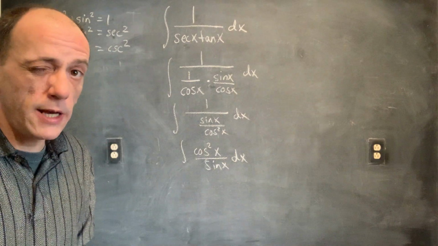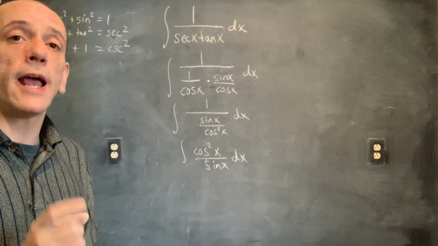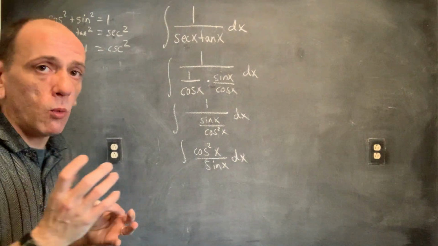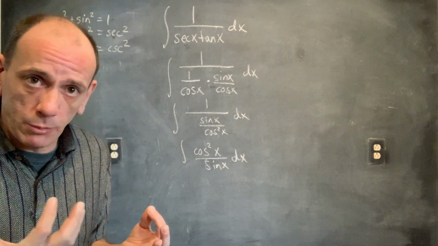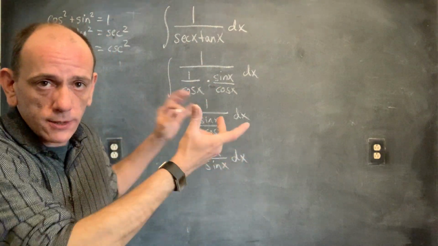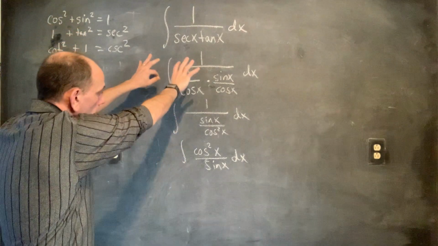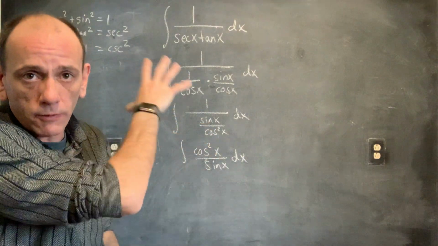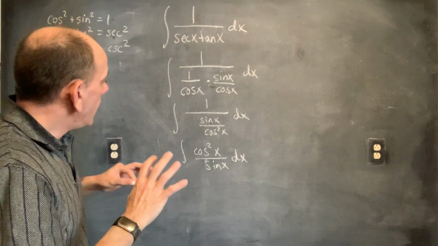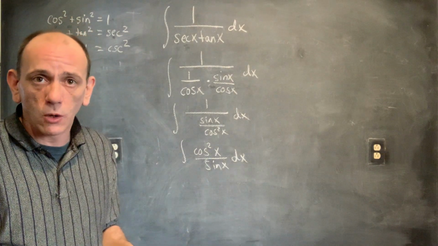Nice. Now, have I done anything good or not? Yes and no. In one sense, yes, I've made my life simpler. Instead of having to worry about reciprocals and tangents underneath and reciprocals of reciprocals, that's all taken care of. We've done it in the algebra, in the trig. Now I just have a relationship between our two basic functions, sine and cosine.